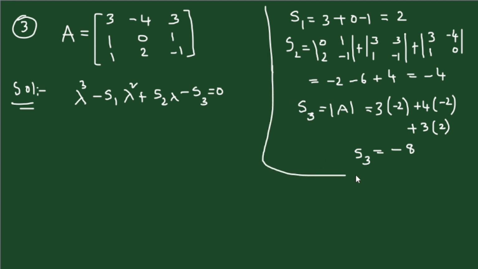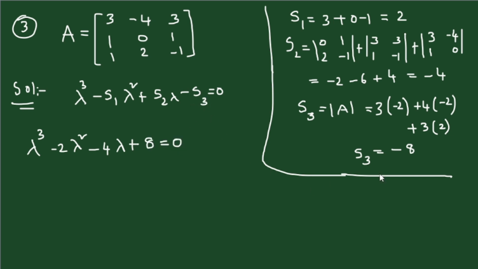So if you substitute all these three here, you will get lambda cube minus S1 is 2, 2 lambda square plus S2 is minus 4. So you put minus 4 here, you will get minus 4 lambda, and S3 is minus 8. Therefore, you will get plus 8 here.